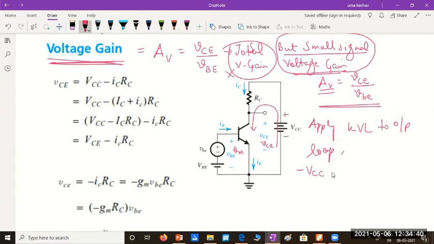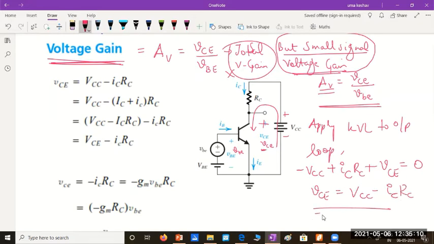IC is flowing downwards, so plus IC RC, and VCE, this end is positive, this end is negative. So plus VCE, I'm writing the total values, is 0. So can I define what is VCE here? VCE is equal to VCC minus IC RC.